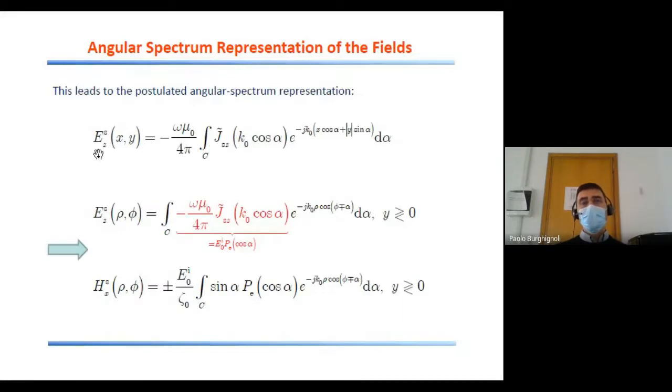It's our electric field in an integral with respect to alpha, and this integral involves the spectral electric surface current density J at argument k0.